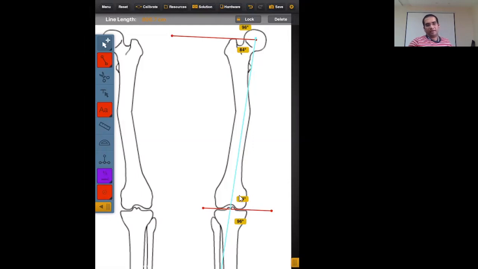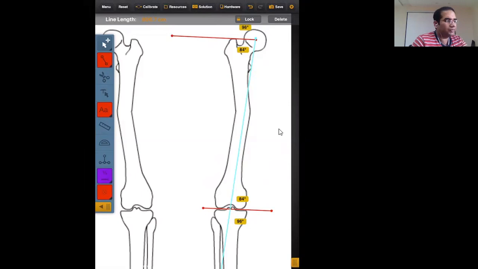When we look at the distal angle, LDFA is increased, so it tells us there is a varus deformity, while the lateral proximal femoral angle, LPFA, is decreased. So you can say that there is some valgus deformity in the proximal part and a varus deformity in the distal part.